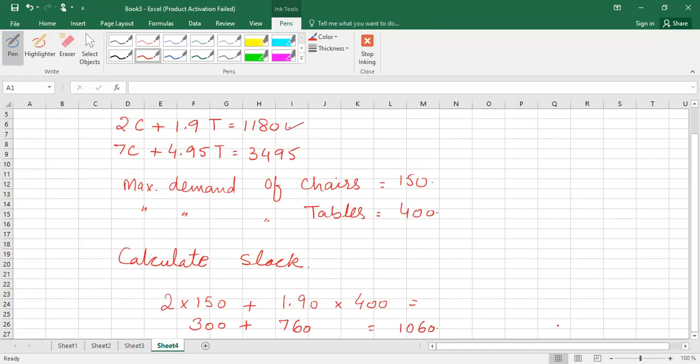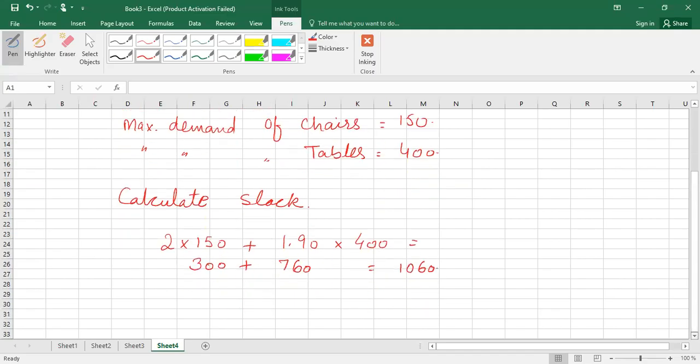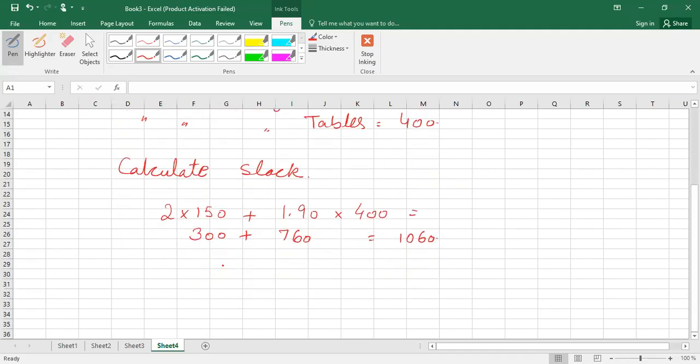Available is 1180. We are using 1060. So the slack is 1180 minus 1060, which is 120 square feet.